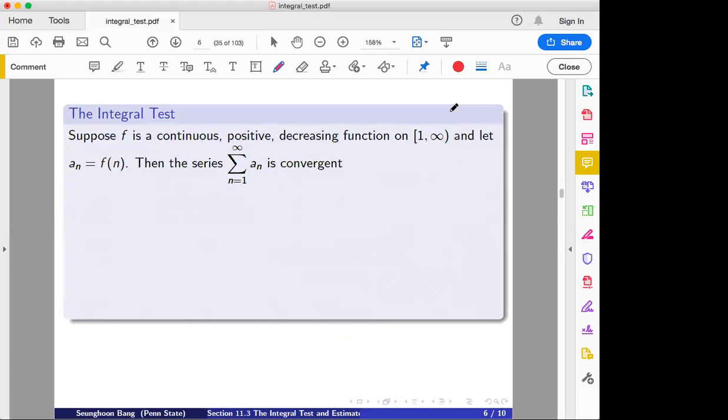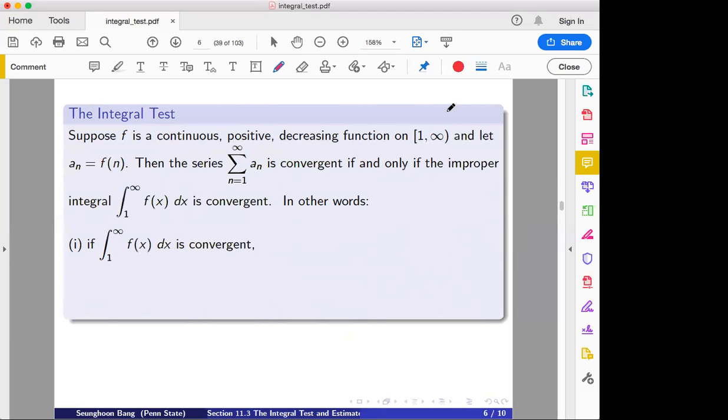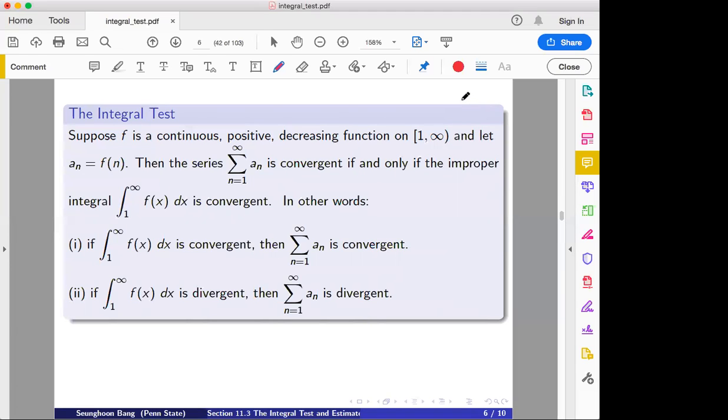The series is convergent if and only if the improper integral is convergent. In other words, if the improper integral is convergent, the corresponding series is convergent. If the improper integral is divergent, then the corresponding series is also divergent. We call this the integral test.